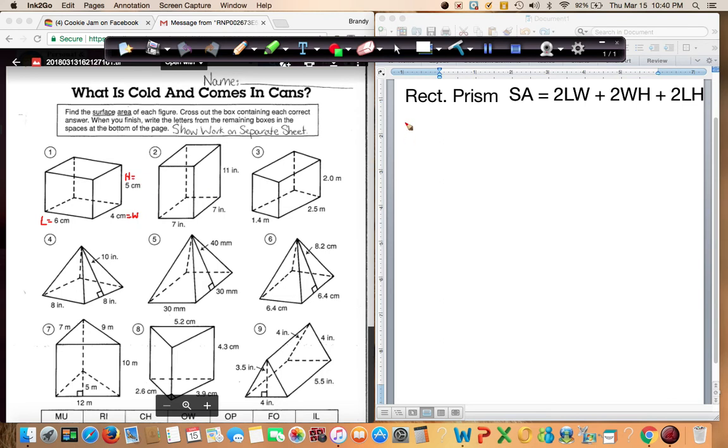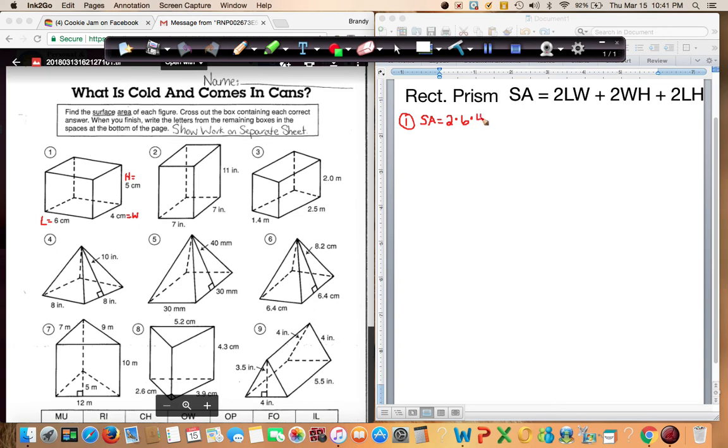Alright, so let's come over here. So number 1, and we'll figure out our surface area. Again, I will set up the problem for you, but you're going to have to do the math part on your own. So surface area equals, and it really is a plug and chug, 2 times my length, which is 6, times my width, which is 4.